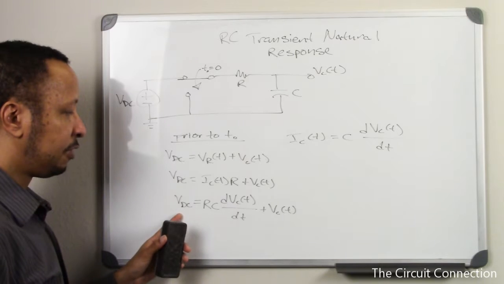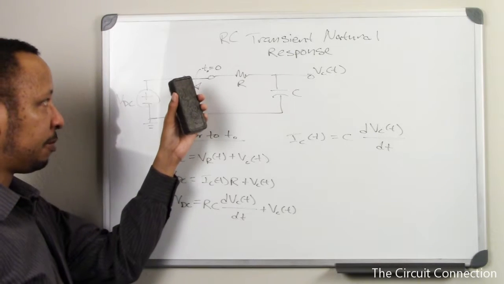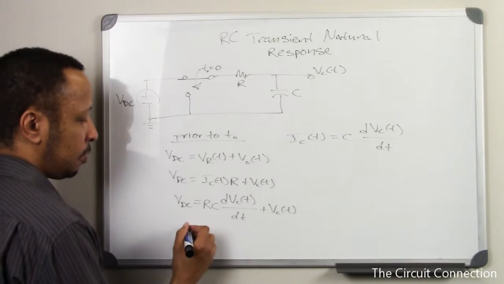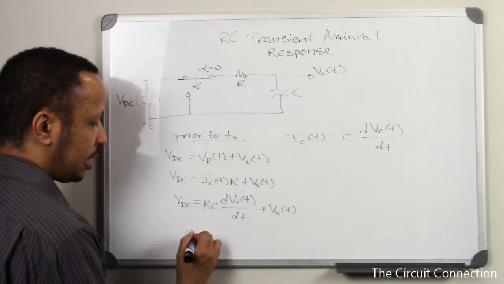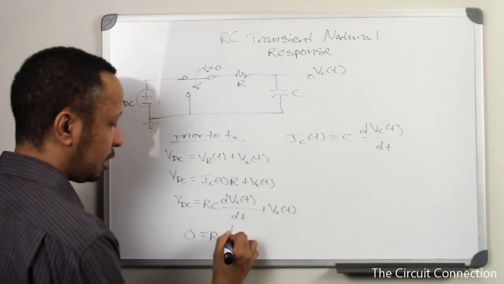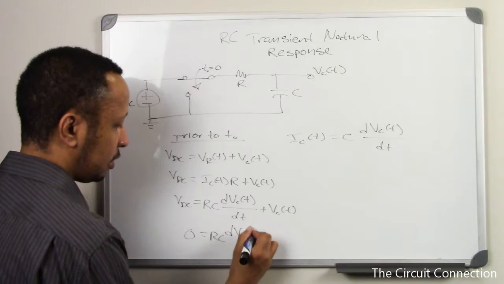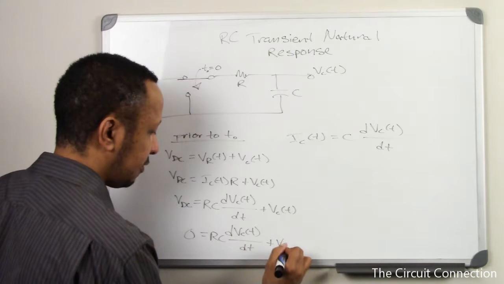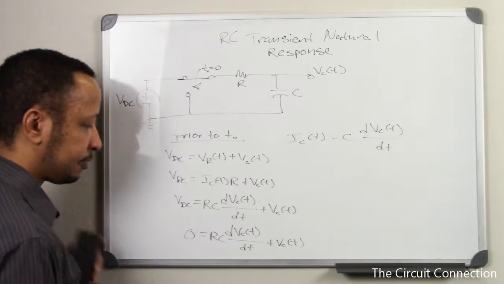Now at the time where we switch from here over to here, VDC will become 0. So now our equation results in 0 equals RC dVc of t dt plus Vc of t.